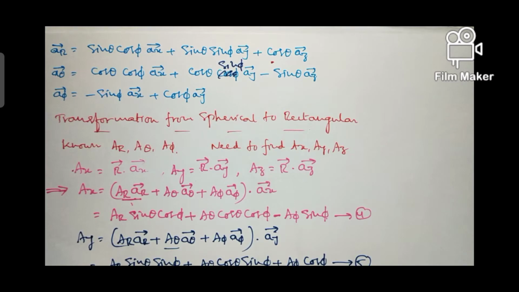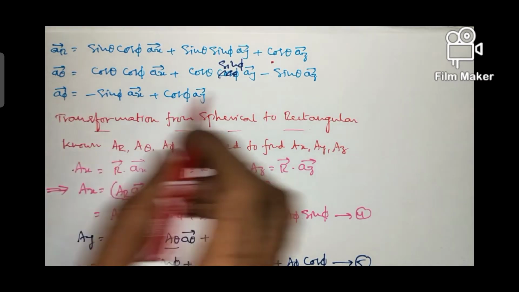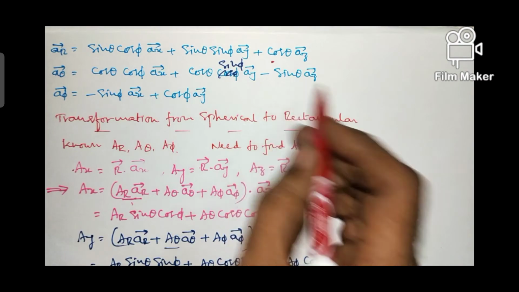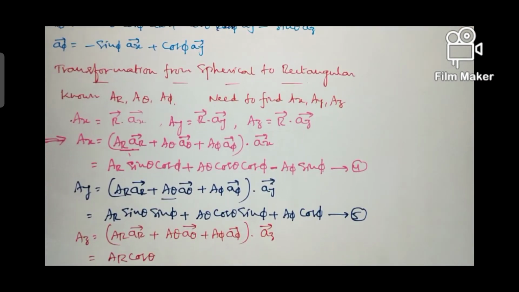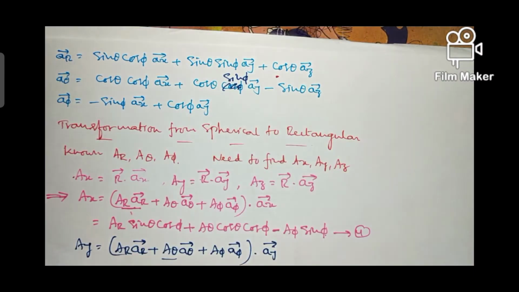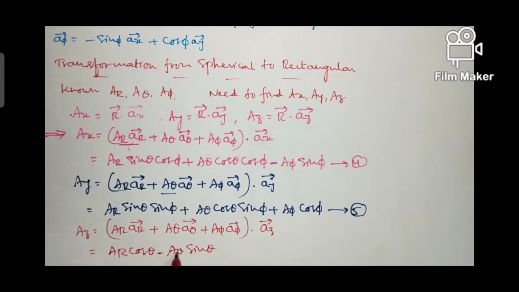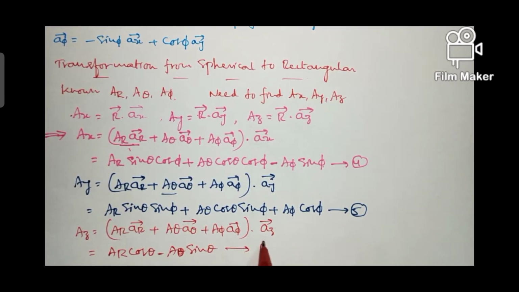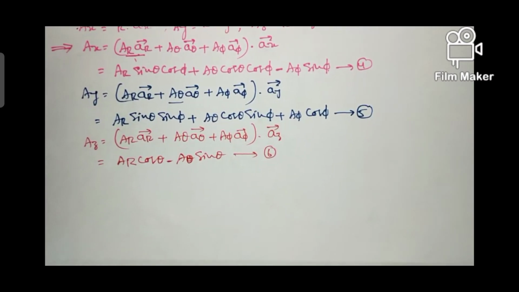And similarly a_theta dot a_z gives us minus a_theta into sin theta. And in the third one we don't have the a_z term, hence we don't get that. Let us consider this as equation number 6.